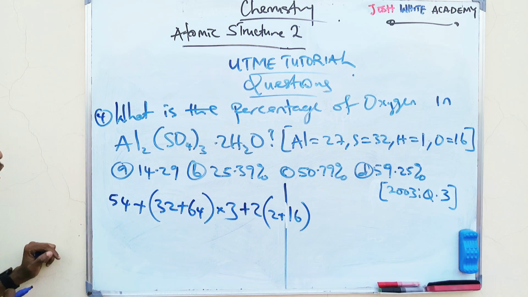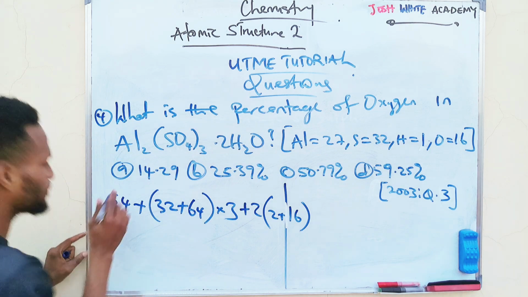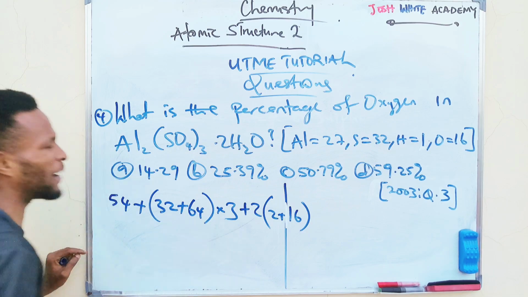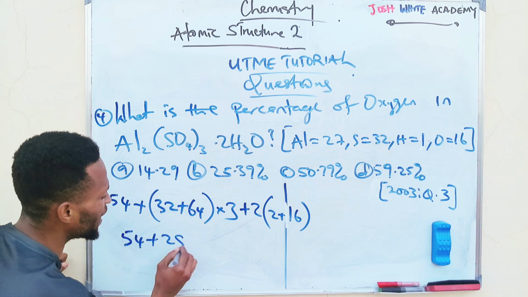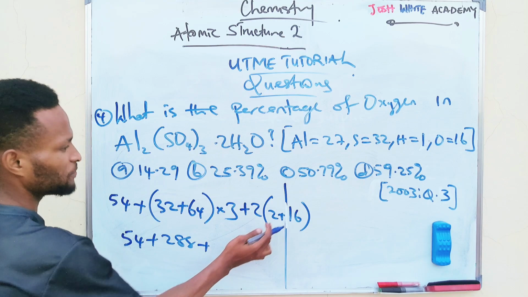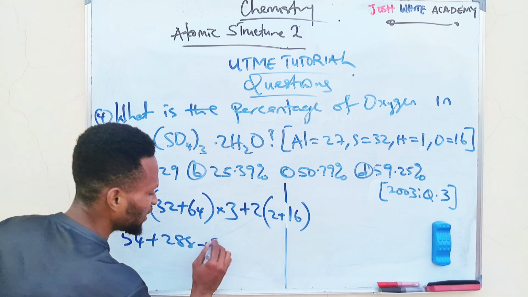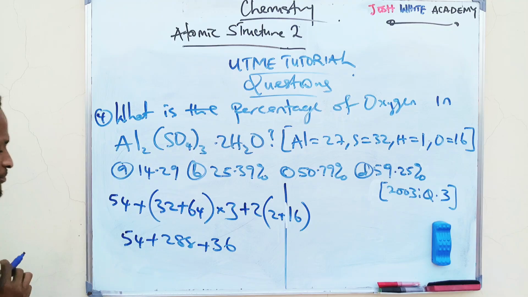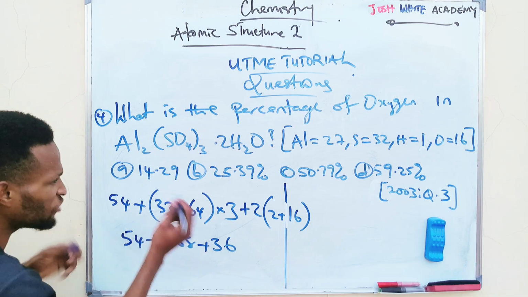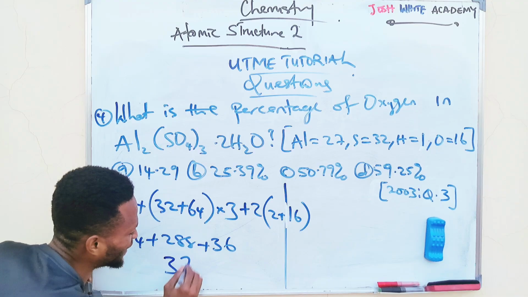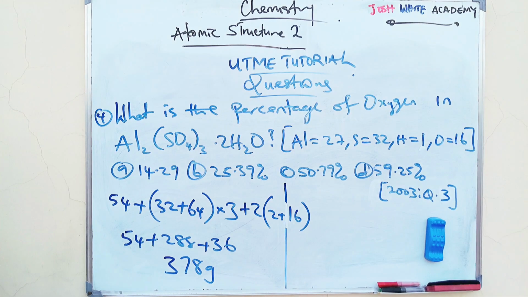32 plus 64 will give you 96. So 96 multiplied by 3 will give you 288. That's 54 plus 288 plus 18 times 2 is 36. So if you add all of this, it will give you a total of 378 grams. So that's the relative molecular mass of aluminium sulfate dihydrate.